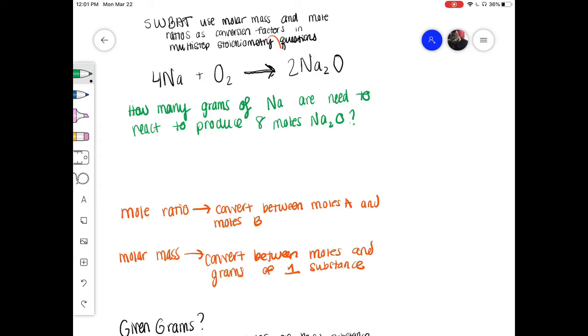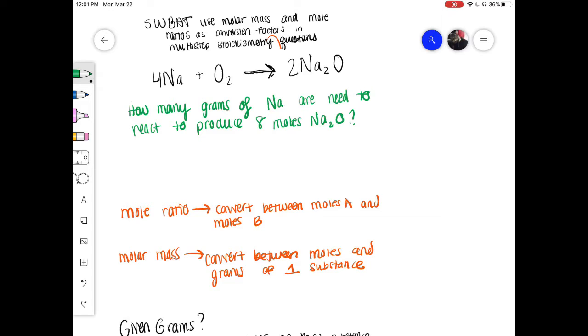Our mole ratio doesn't put it in grams. That is what our molar mass does. So we're going to have to use these together to change from moles of one substance to moles of the other, and then use our molar mass to go from moles to grams.